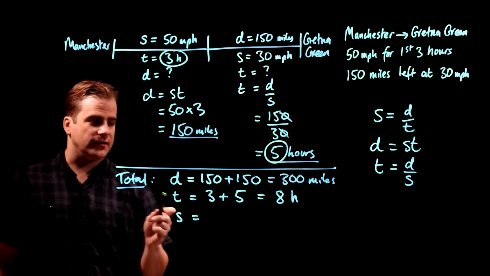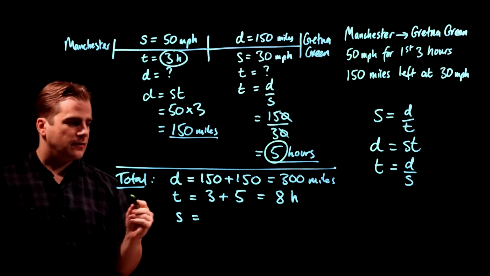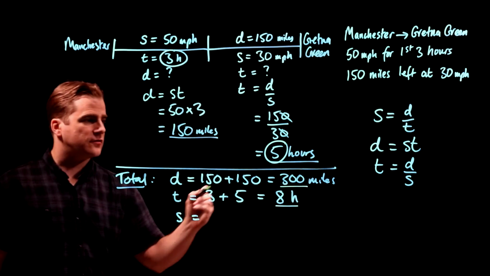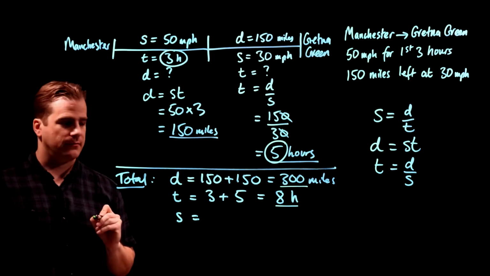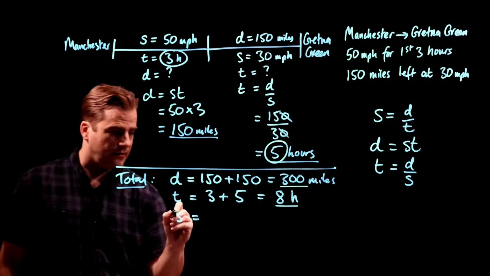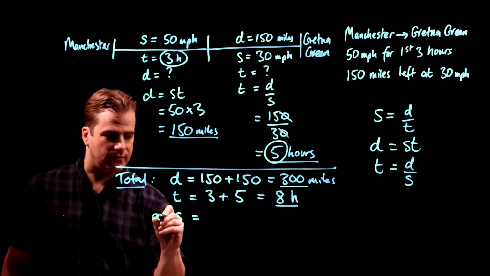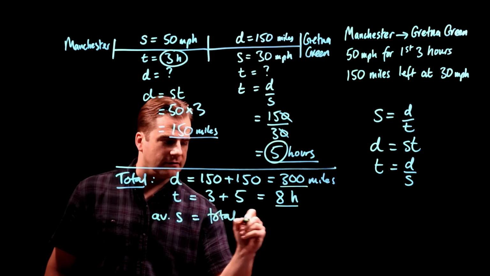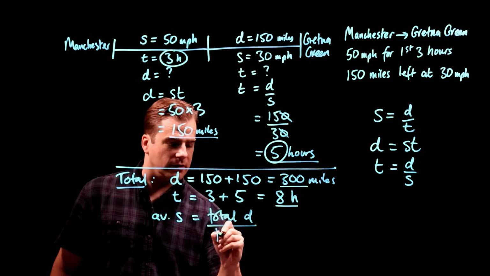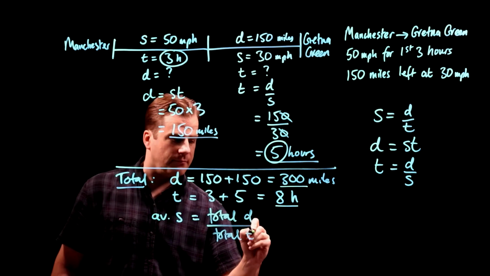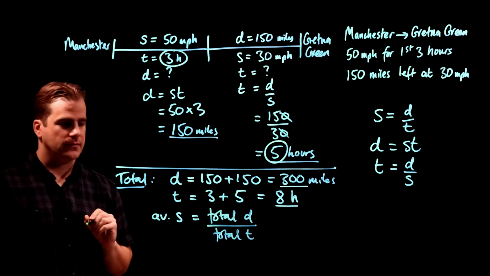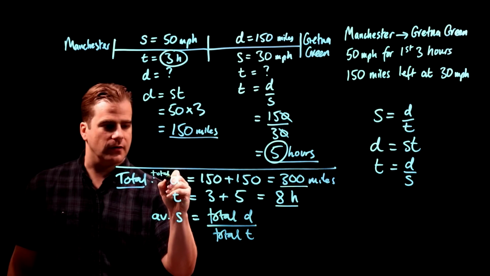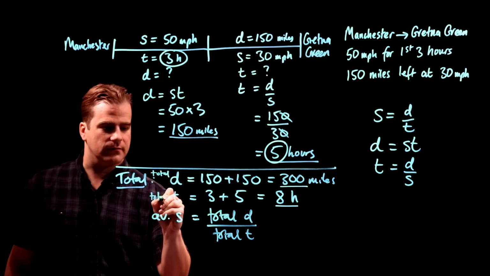So to work out the average speed, you use these two values, the total distance and the total time. Okay, in fact I'll write that in. The average speed is total distance over total time. Okay? And if you like, that's total distance and total time.